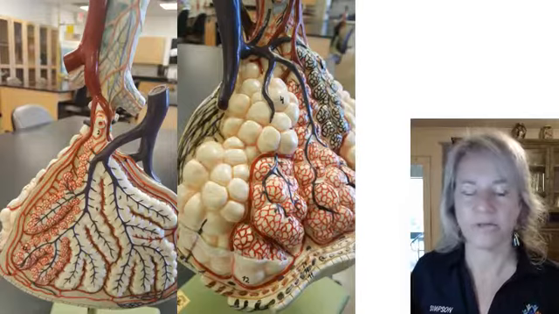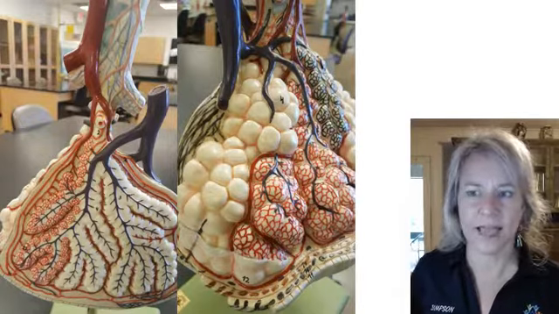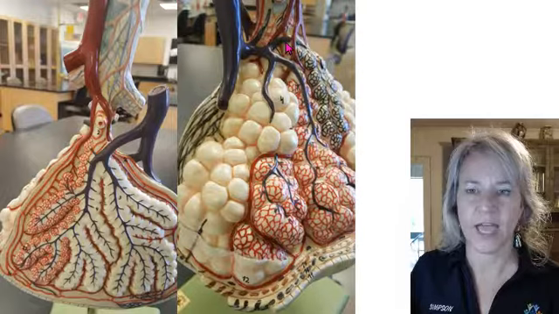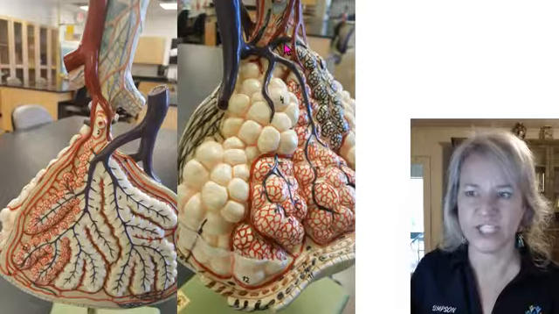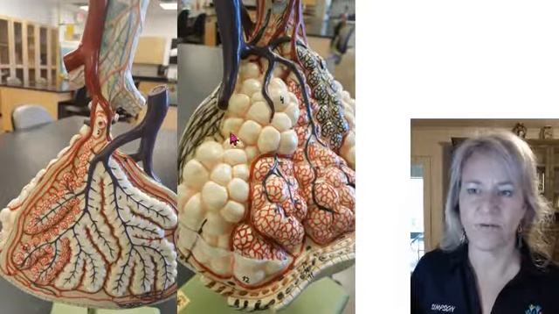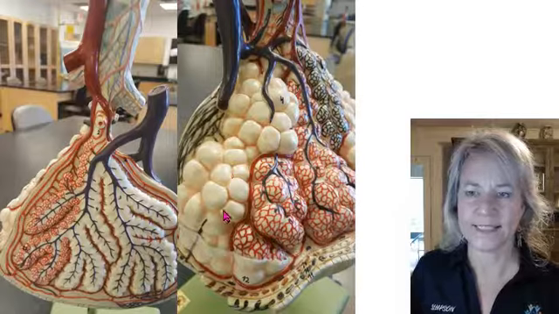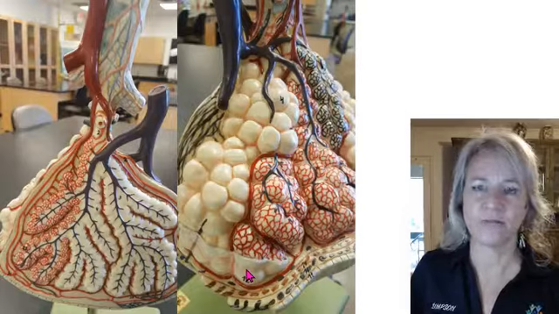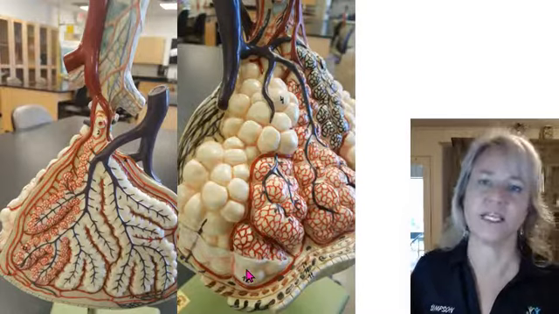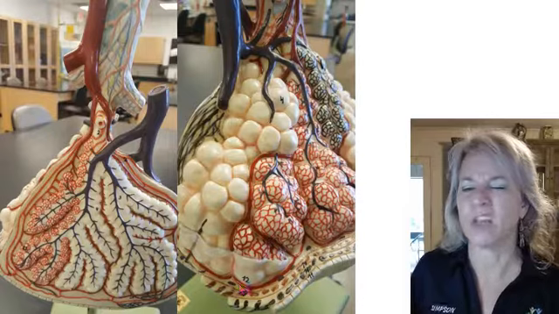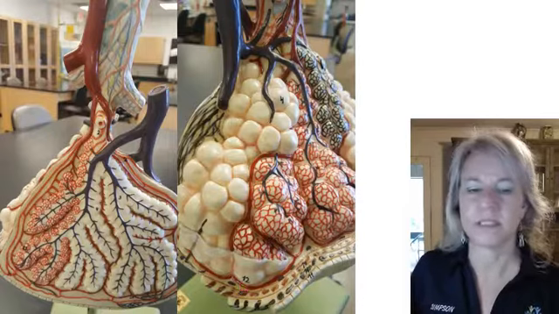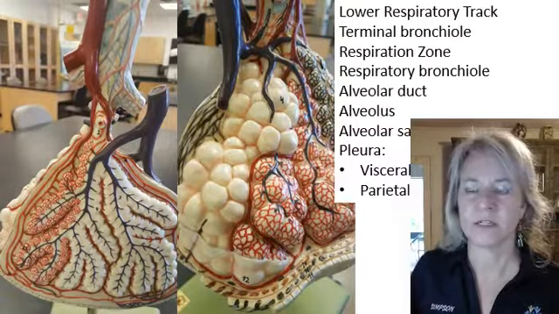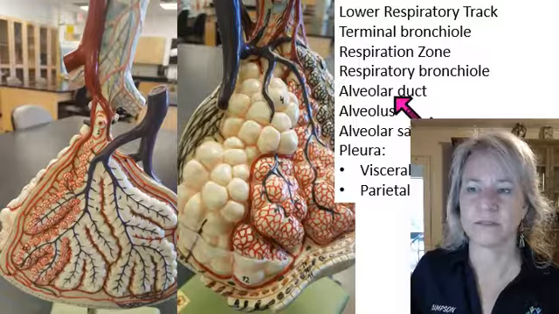This is another model that I have of that respiration zone. These are the alveoli. What was the name of that membrane that surrounds your lungs to provide the friction-free environment? What's the name of that membrane right there? So this is going to be the pleura.